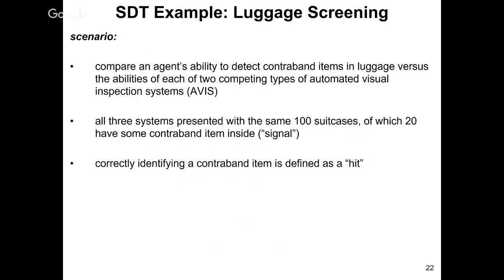I didn't really explicitly say this before, but the probability of noise would be the 80 suitcases, which is noise, over the total number of suitcases. And then the probability of signal would be just the opposite. So the probability of signal is the 20 contraband. So we know that there are 20 signals coming down the line out of 100. Does that make sense? So that you'd also need to come up with.